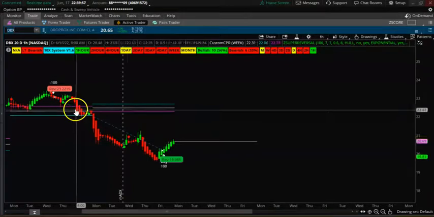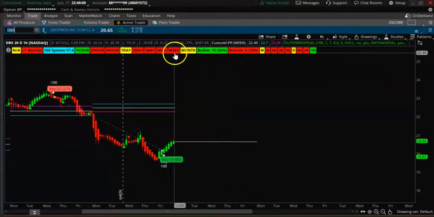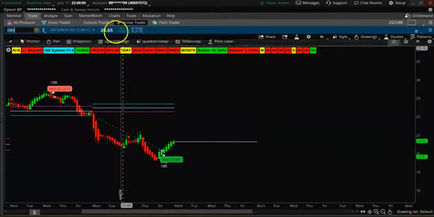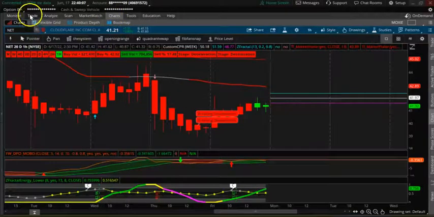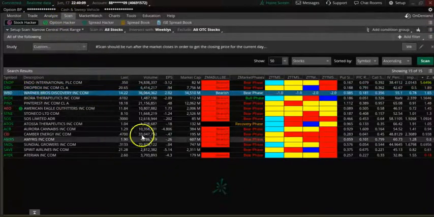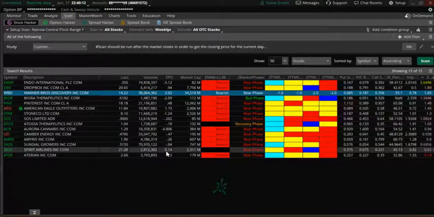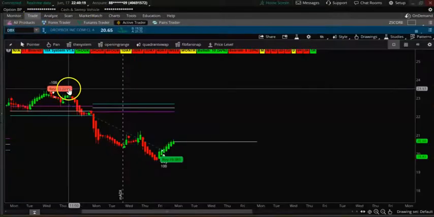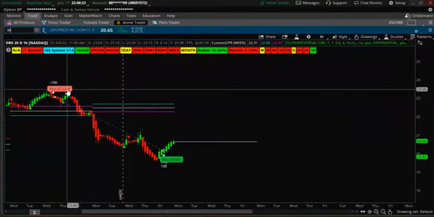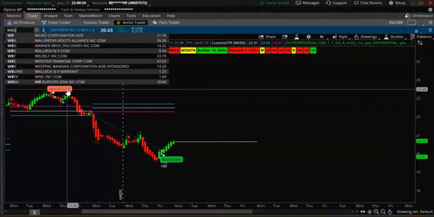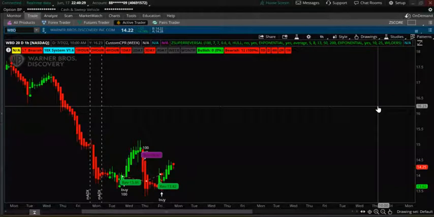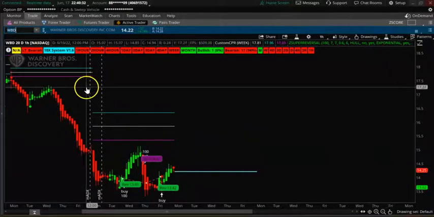Okay. DBX, you can see it's basically a narrow CPR here. But you can see that the CPR is turning down. You can see all these negative. So it could trend down. Okay. Chart. Scan. WBD, PINS. WBD. You can see downtrending.